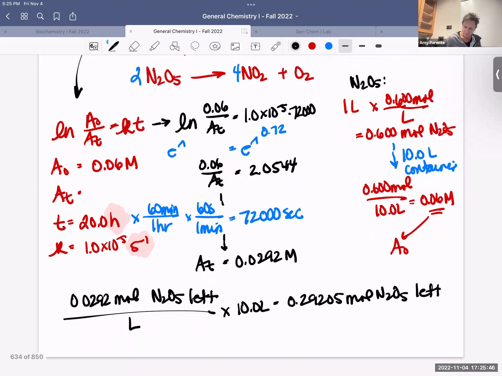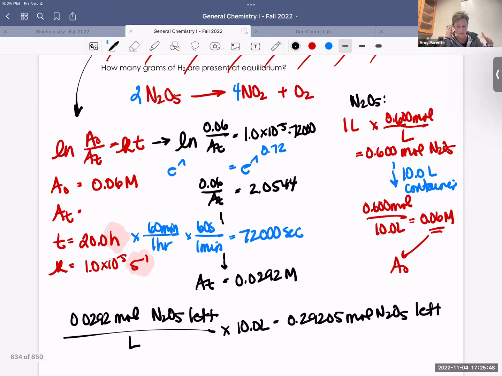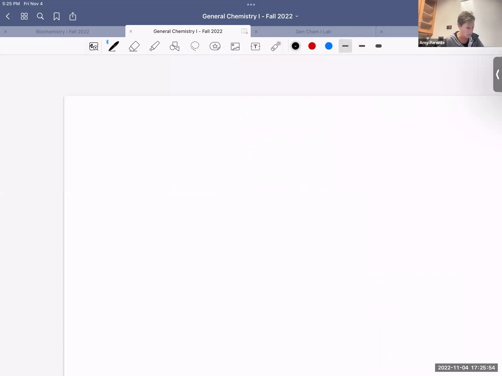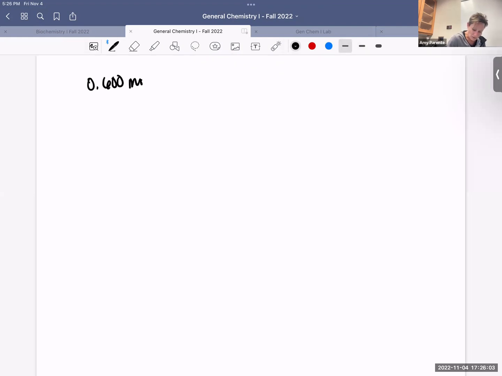Okay. Because I was doing so much writing and explaining, I'm going to put a little blank piece of paper here to finish this out. So I know that I had 0.600 moles of N2O5 initially.